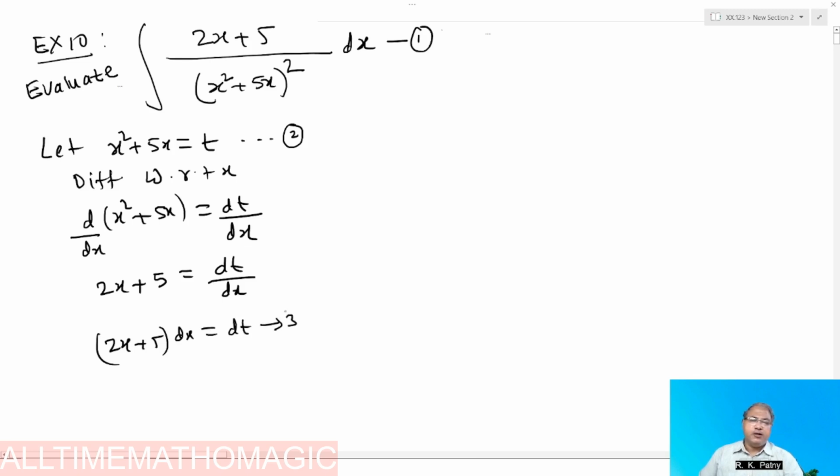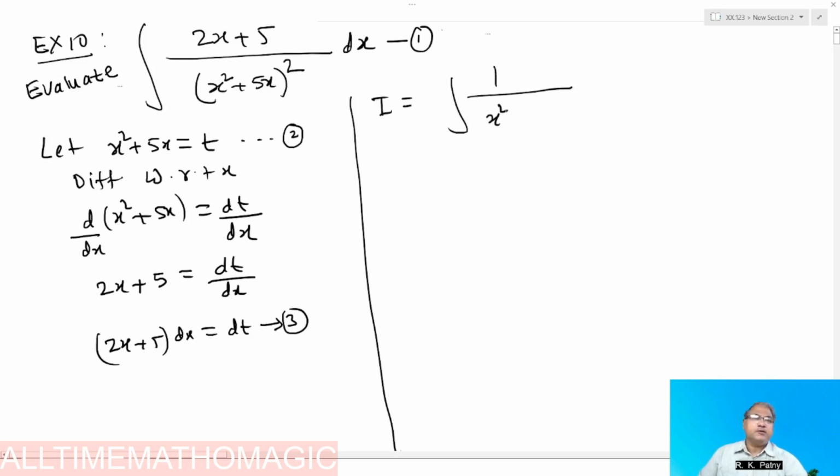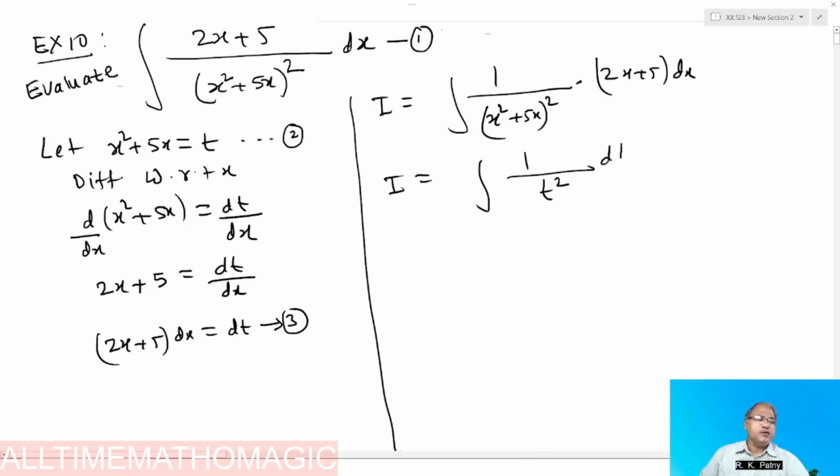Call it number 3. Now given question can be written as I equals to 1 upon x square plus 5x whole square into 2x plus 5 dx. It can be written like this. Now from 2 and 3, 1 becomes x square plus 5x is equals to t, therefore it becomes t square, and 2x plus 5 dx is equals to dt.